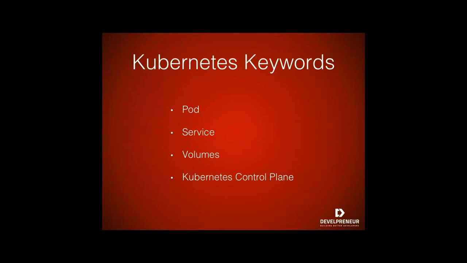Volumes, by definition, are like hard drives. Volumes are essentially a directory, possibly with some data in it, which is accessible to the containers in a pod. However, unlike Docker, a Kubernetes volume has an explicit lifetime. So the volume essentially sticks around for the lifetime of the pod that encloses it.